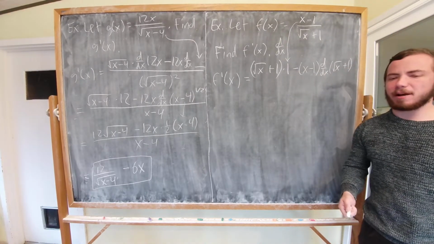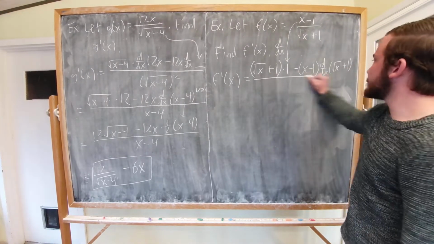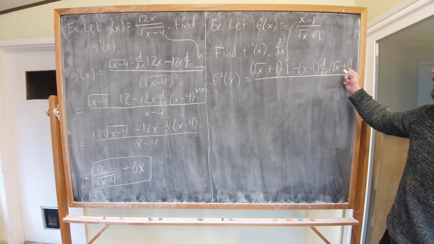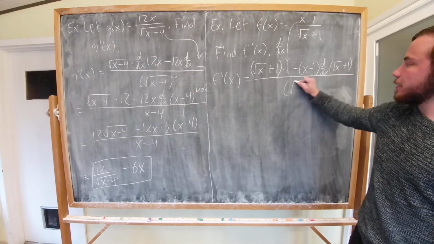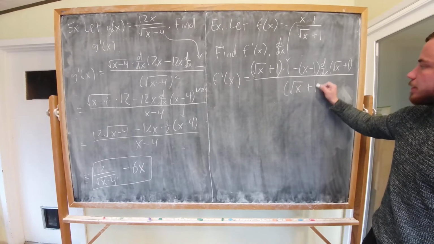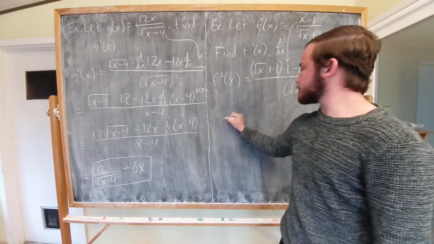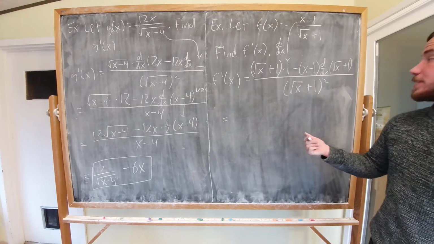in case that wasn't clear. I realize I should have probably written that out. Times derivative with respect to x and square root of x plus 1, all divided by the bottom squared. Okay, what's this equal to?